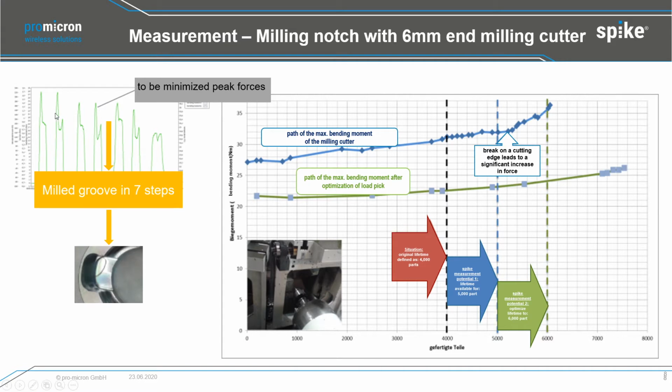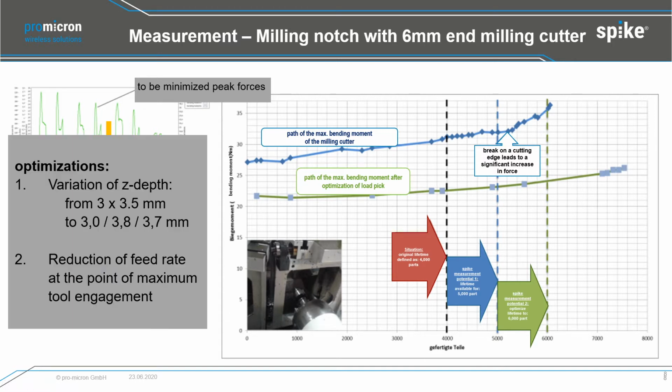Then we were looking at the absolute forces in the bending moment, for example, and the machinist also said, let's minimize the peak in the forces so we don't have too much force load on the tool. We did this. We changed the depth in that direction, and we reduced the feed rate at the point of maximum tool engagement.